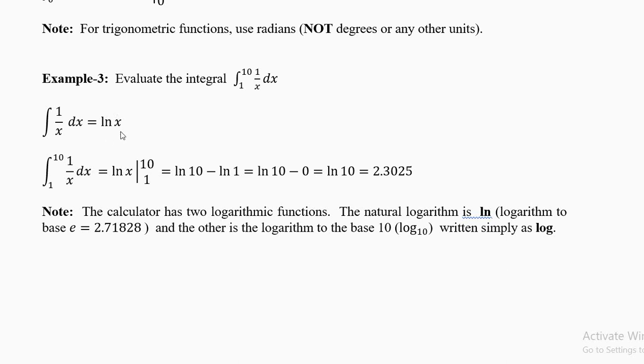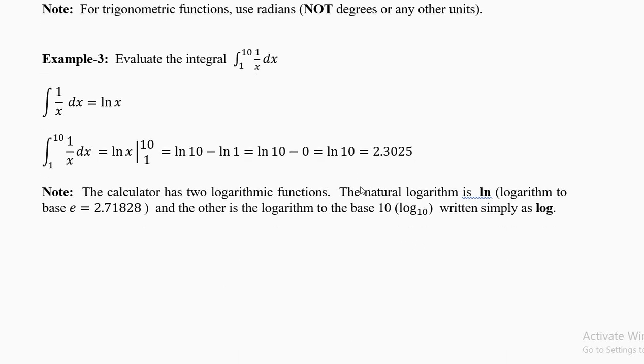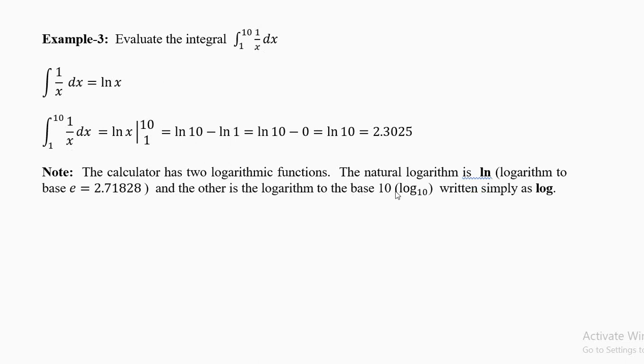Now you will get the logarithmic function ln, the natural logarithm. So when you integrate 1 over x, you'll get ln x, and the limits are 1 to 10. So you'll get ln 10 minus ln 1. Ln 1 is 0, ln 10 is 2.3025. This goes up to infinity, and please take at least 3-4 numbers after the point. So we have taken 2.3025.